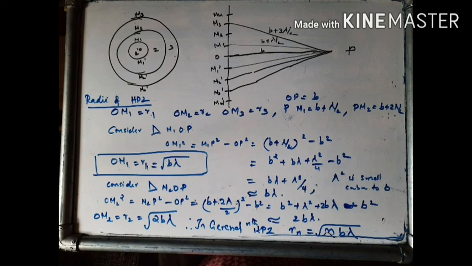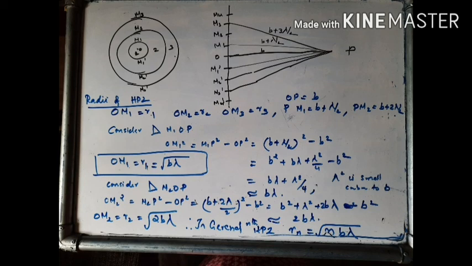We know that this is a vertical section of the wavefront. The concentric spheres drawn with center P will touch at M1 as well as M1 dash, M2 as well as M2 dash, M3 as well as M3 dash, and so on.